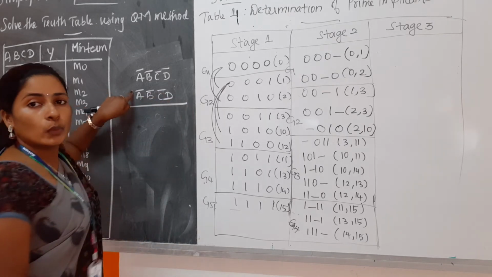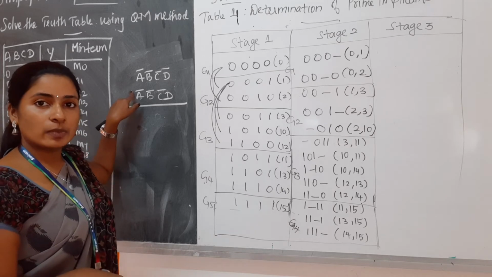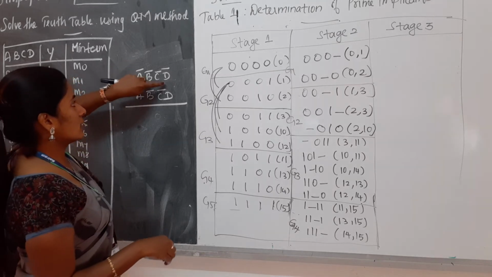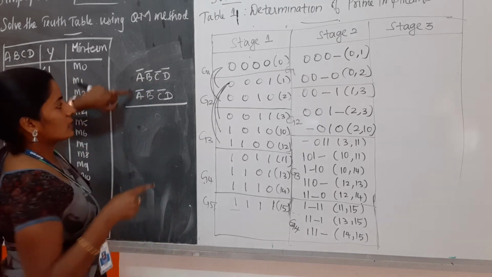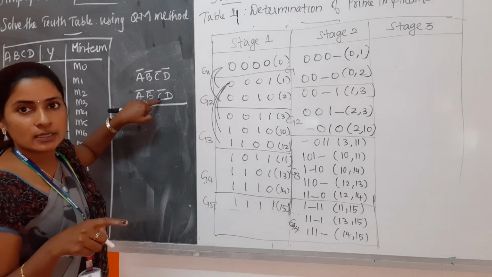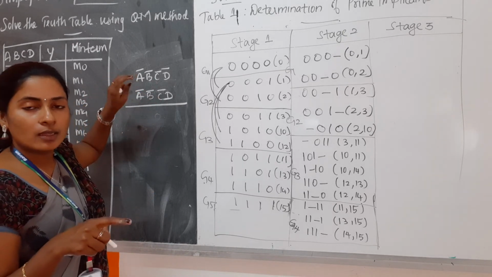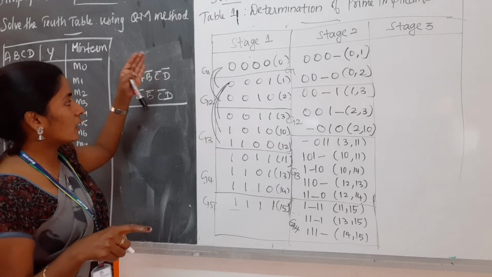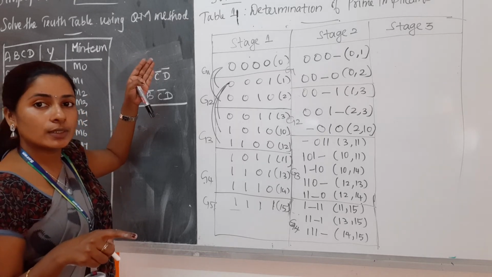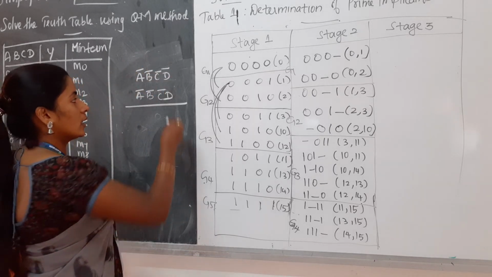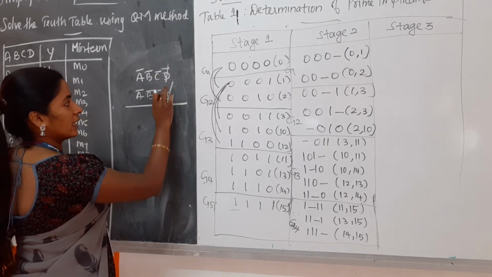So what do we do? In K-map simplification, what did we do? A bar is common, B bar is common, C bar is common. So A bar, B bar, C bar I will take out commonly. Then I will get only D plus D bar, so this and this get cancelled.